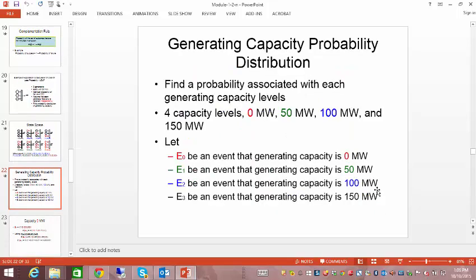Now, the generating capacity probability distribution basically means that you find a probability associated with each generating capacity level.